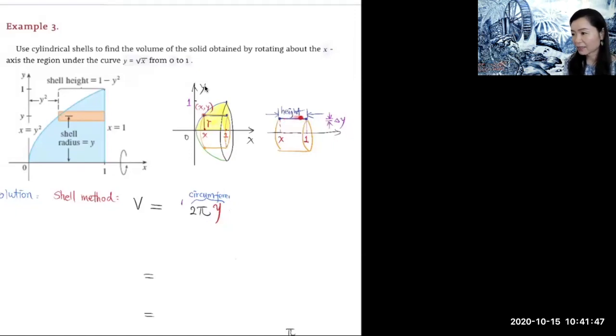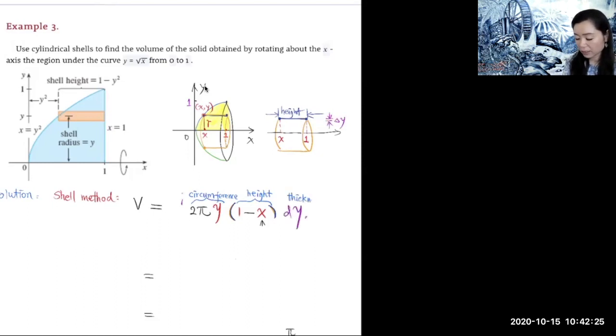So the height for this shell is from here to here, so the distance will be 1 minus x. The thickness of this shell is a change in the y direction. So that's dy, delta y.